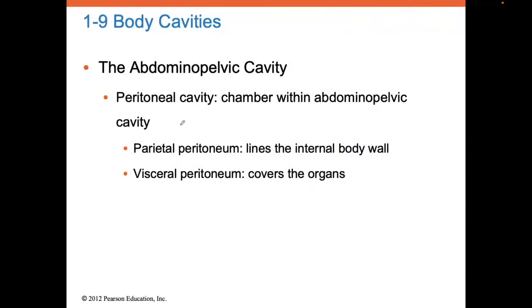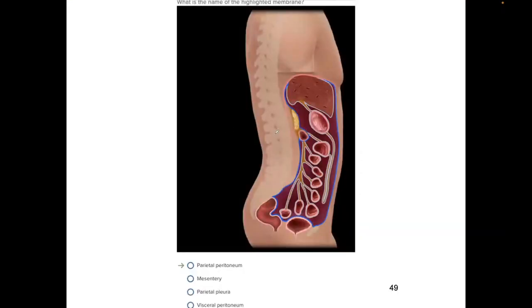All right, now let's look at the last slide here. We still see the words parietal and visceral, but now we're looking at peritoneum. The peritoneum is going to refer to everything here, right? You got the liver, we have the stomach, we have the intestines. All of these are going to be surrounded by the parietal and the visceral layers.